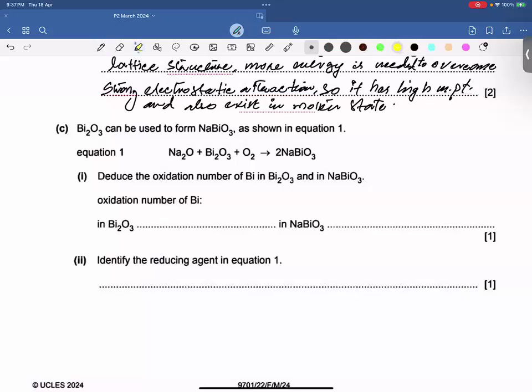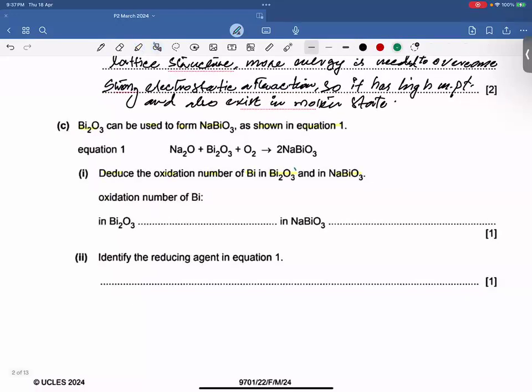Next part of the question: Bi2O3 can be used to form NaBiO3 as shown in equation 1. Deduce the oxidation number of bismuth in Bi2O3 and in NaBiO3. First we need to find the oxidation state of bismuth in Bi2O3.